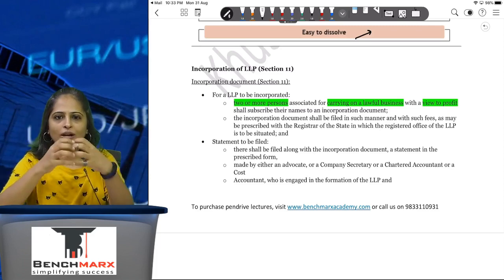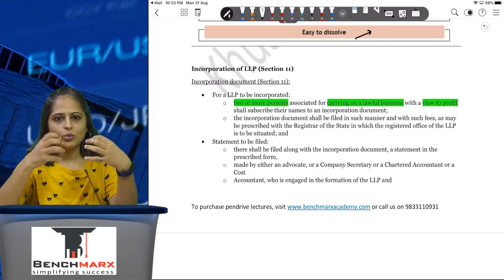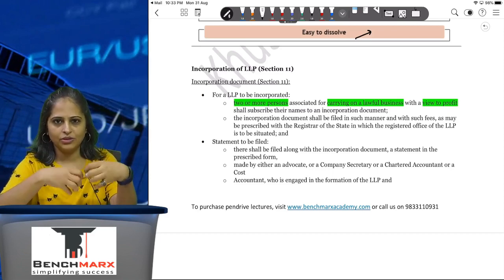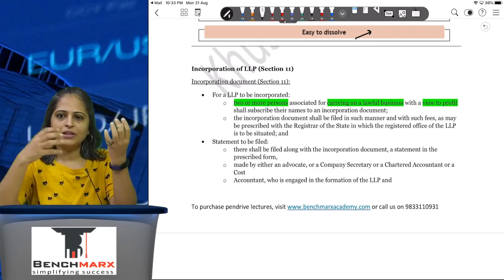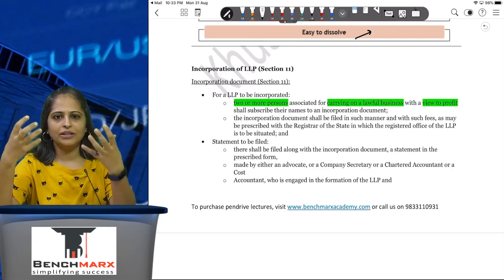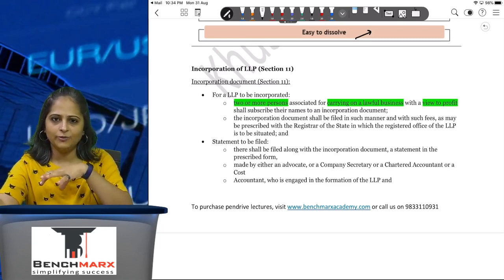The people who are coming together to carry on the business of the LLP will come together as subscribers to the LLP agreement. They'll form the LLP agreement and file all the necessary documents in the prescribed format with the registrar of LLP.